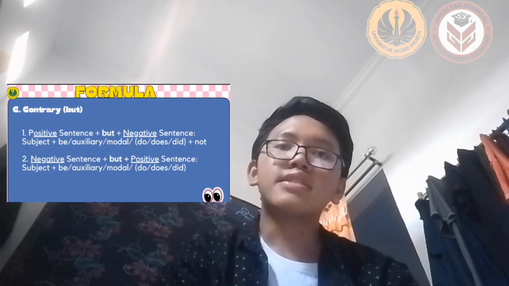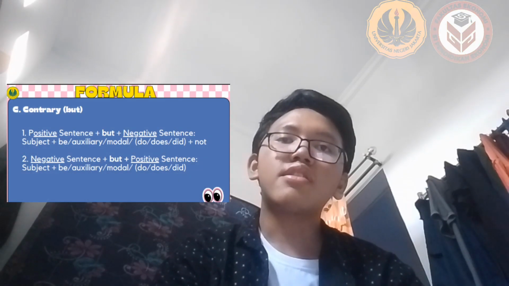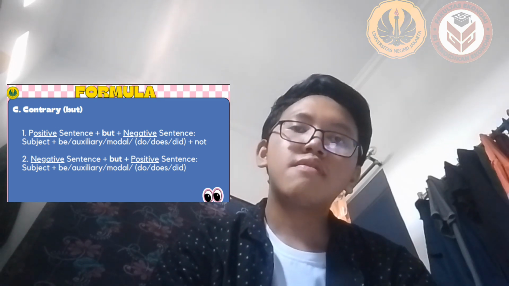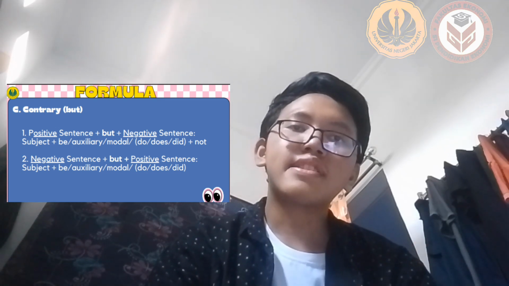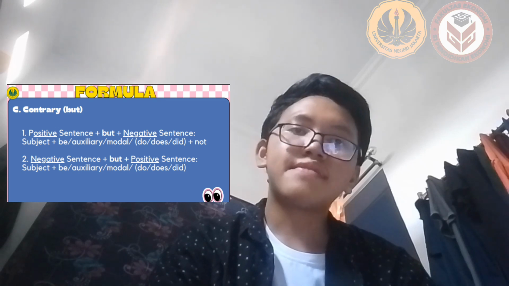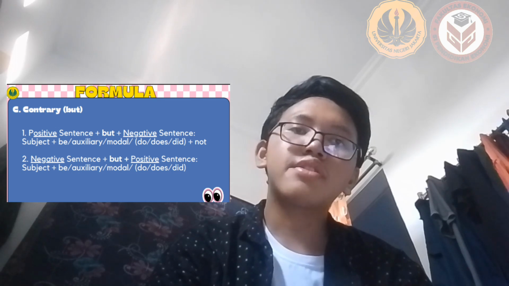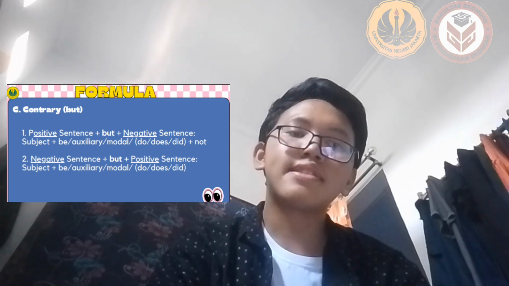Next up is the formula for contrary, or positive sentence. First one is positive sentence but negative sentence: subject plus be or auxiliary or modal, or do, does, did, plus not.